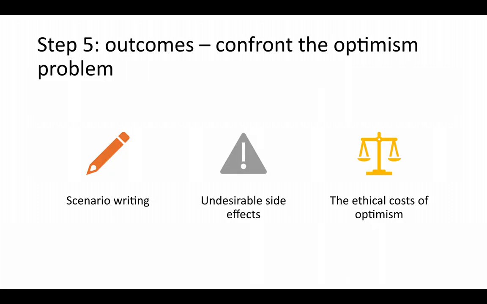All right, so the other issue is, as scholars, sometimes we hold a very optimistic view of the future, right? So you need to confront the optimism problem as well. You can do so by writing scenarios and thinking about the undesirable side effects, and also be especially aware of the ethical costs of optimism.